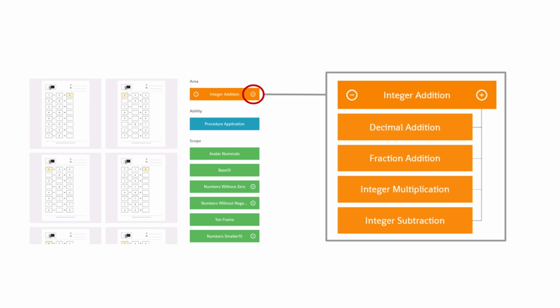So for example, there is areas of math that build on top of other areas of math, for example, decimal addition and fraction addition, integer multiplication, integer subtraction, that are built on top of integer addition, but also with numbers without 0, that there's, of course, numbers with 0, etc. So basically, this is not just some hierarchy, some taxonomy, but there's also other relationships between these entities that describe how we learn.